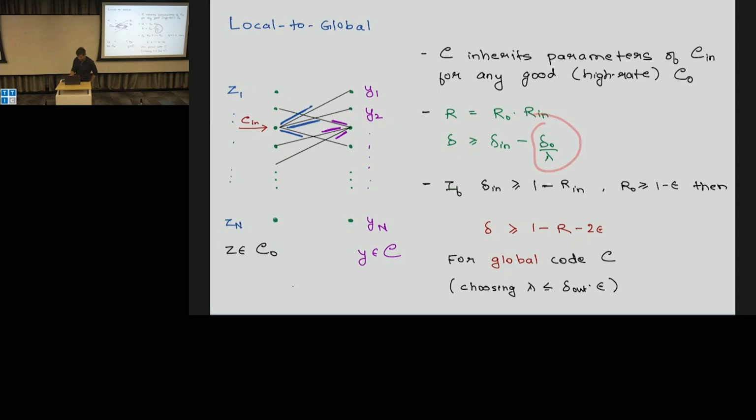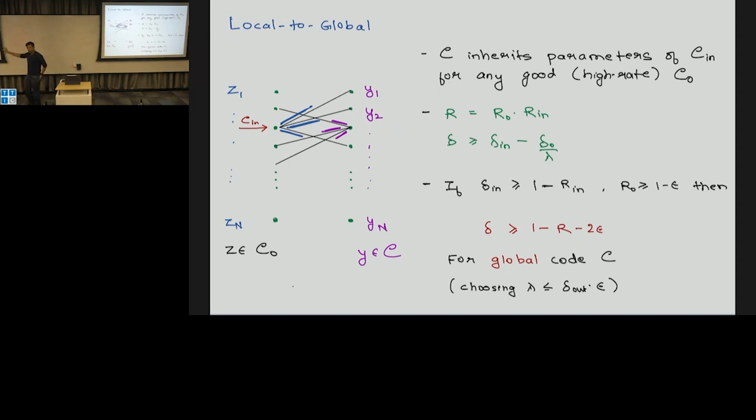And you need this spectral gap lambda, which quantifies the expansion, to be very strong. But again, we know lots of constructions of expander graphs, so this is easy to arrange. But once you have this, it all boils down to just picking this small object. And once you get a good small object, it gives you good distance. This is for distance, so constructing codes which have distance 1 minus the rate of the code, and arbitrarily close to it.